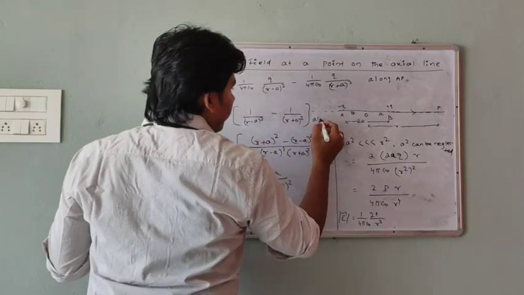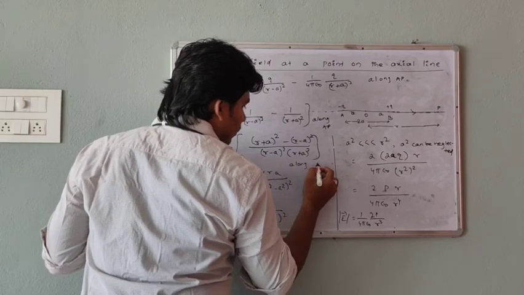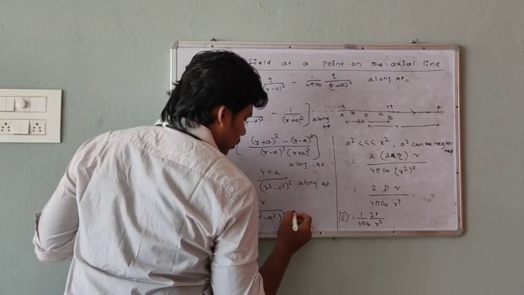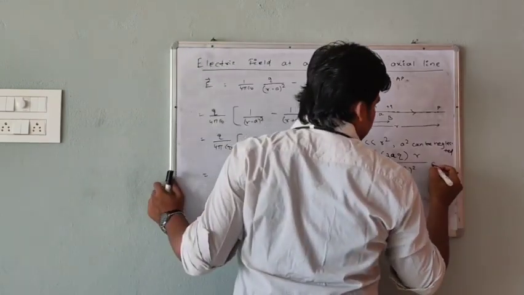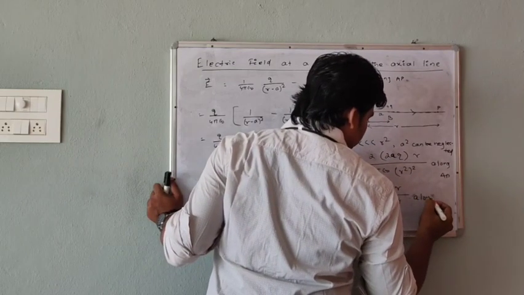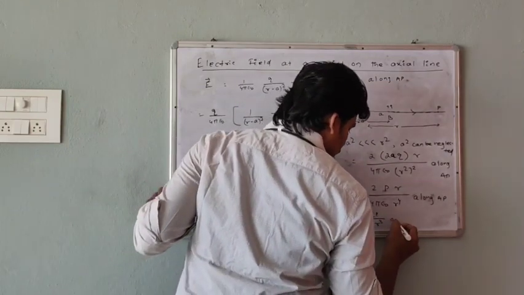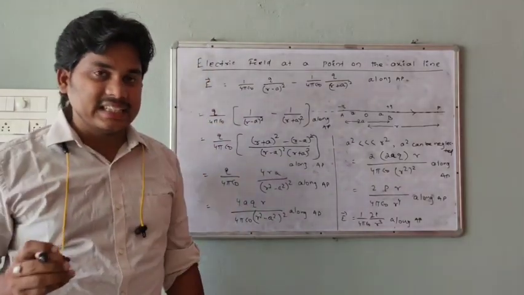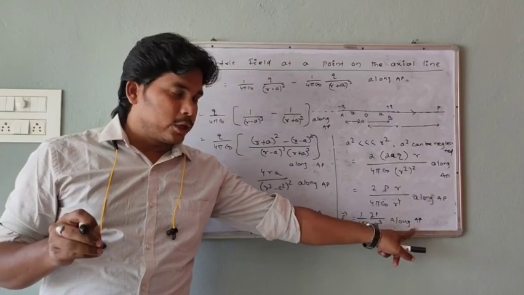In the same way, everywhere you have to mention along AP. Remember, electric field intensity is also a vector quantity, so you have to write it in vectorial form.